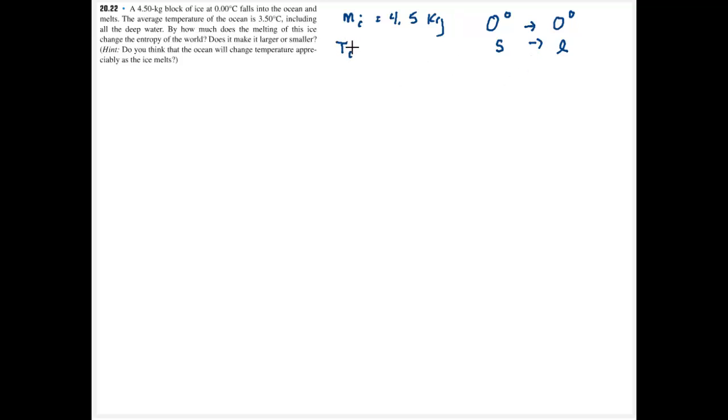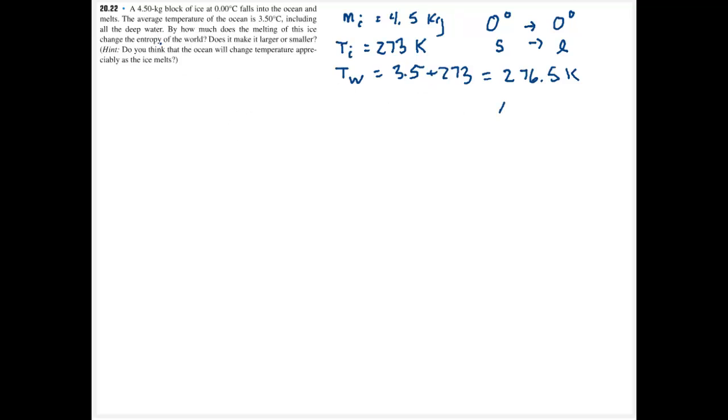The temperature of the ice is going to be 0 plus 273 degrees Kelvin. Temperature of the ocean, temperature of the water, is going to be 3.5 plus 273, or 276.5 degrees Kelvin. We're asked, how much does the entropy of the world change?